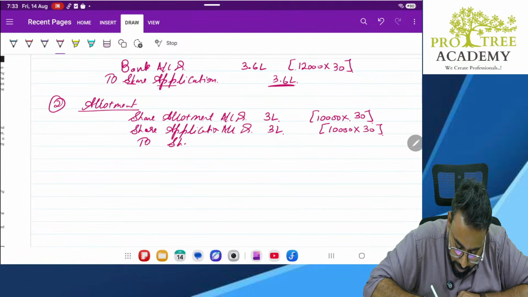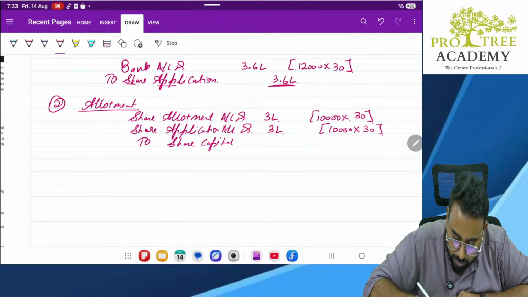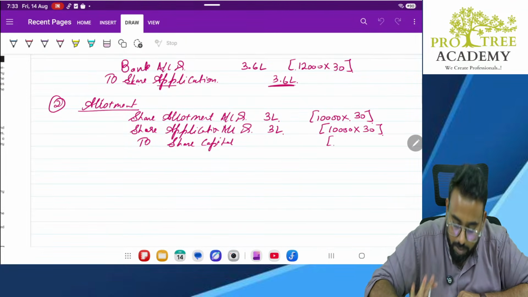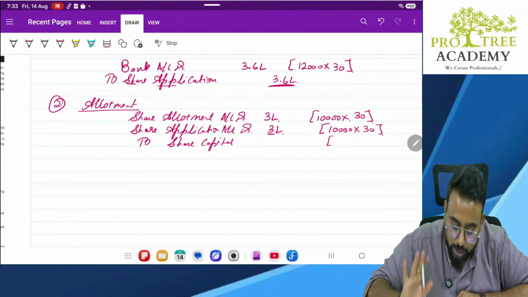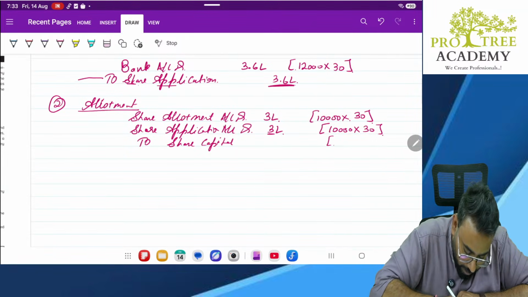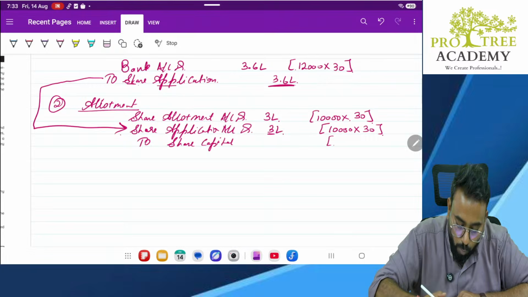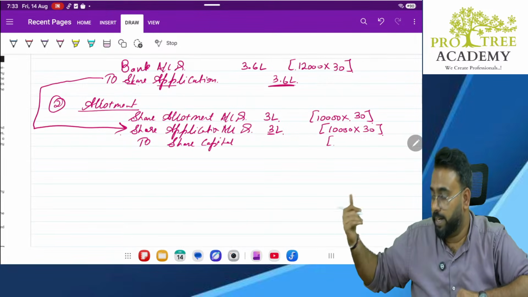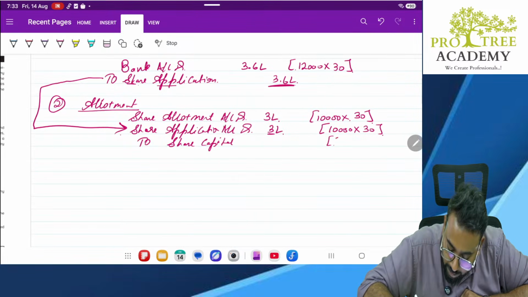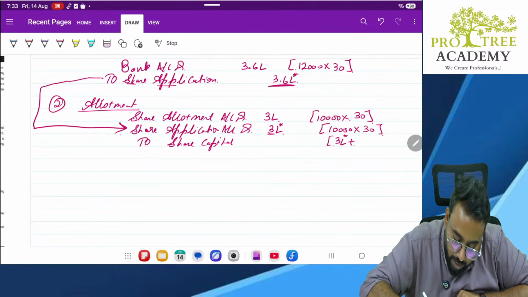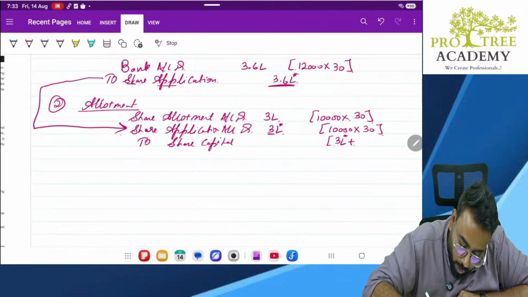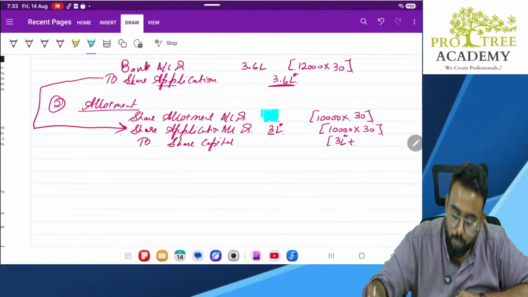To share capital. How much should we pass here? First, listen. This 3 lakh will definitely come to share capital, because it is only getting moved from here to the share capital account. Plus, out of this 3 lakh, something will also move to share capital.